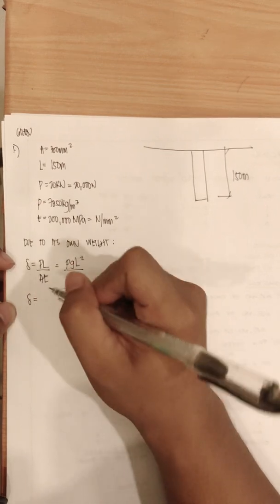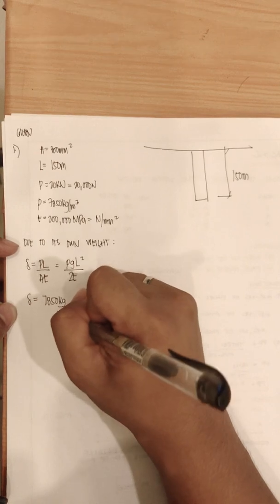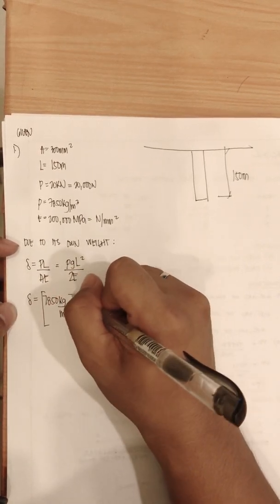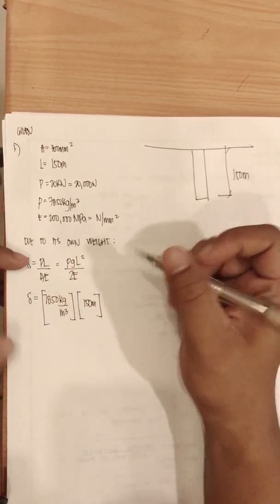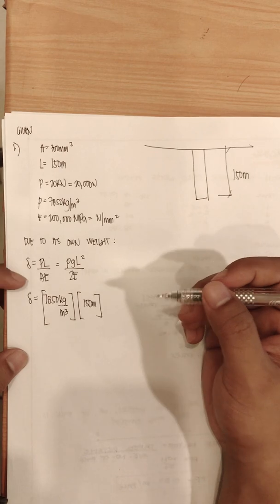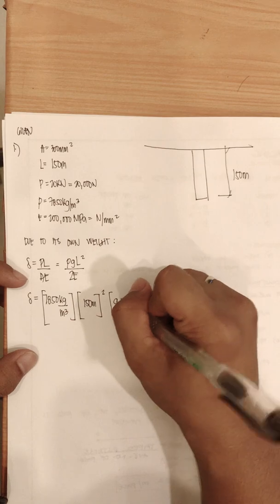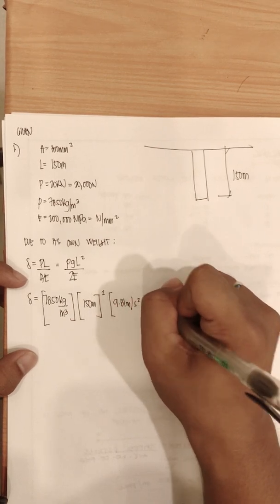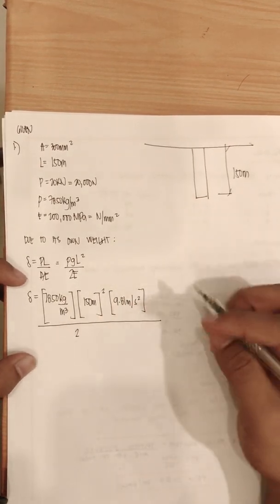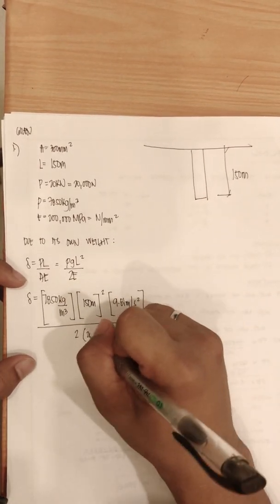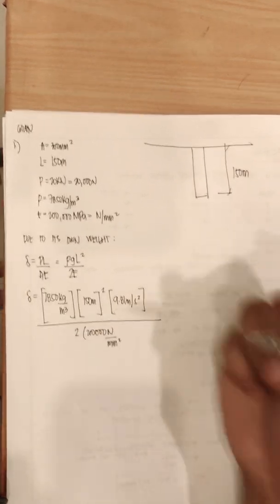So deformation is equivalent to rho, which is 7,850 kilograms per cubic meter, times length, so length is 150 meters squared, times gravity 9.81 meters per second squared, divided by 2 times E. E is equivalent to 200,000 newton per mm squared.